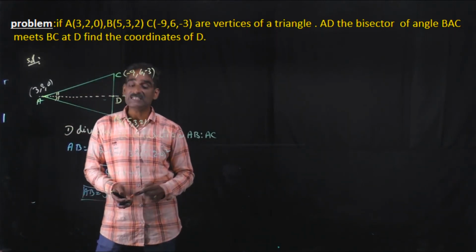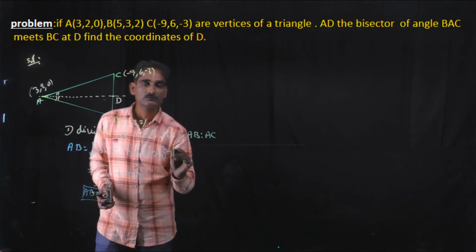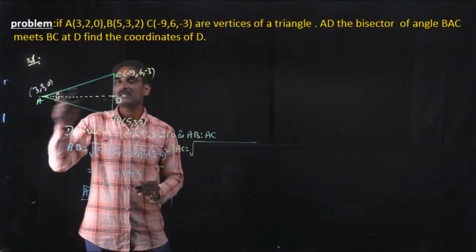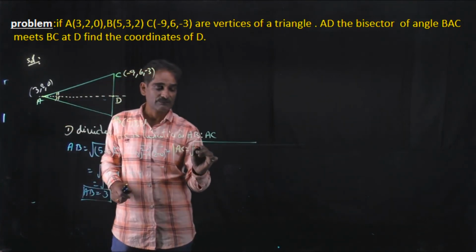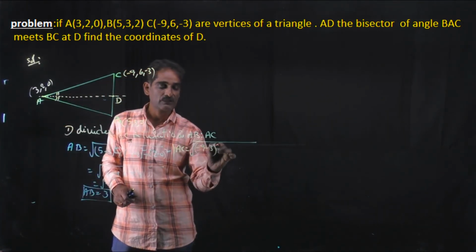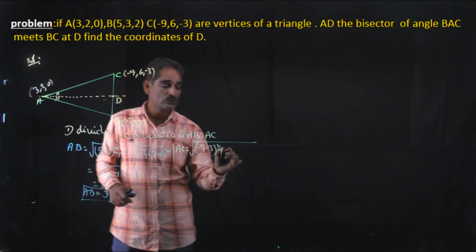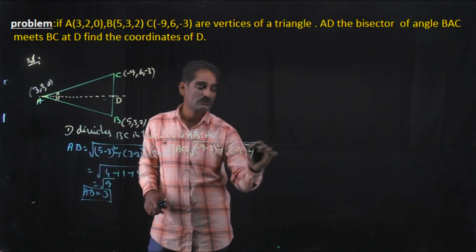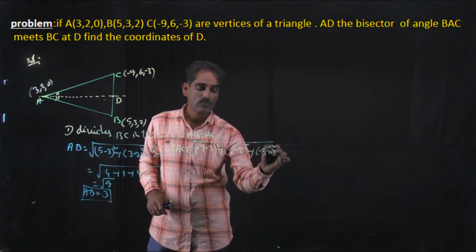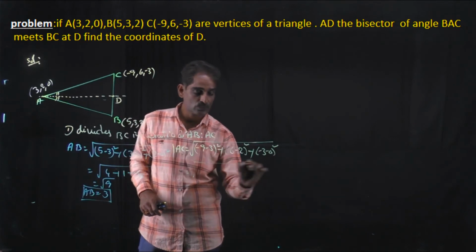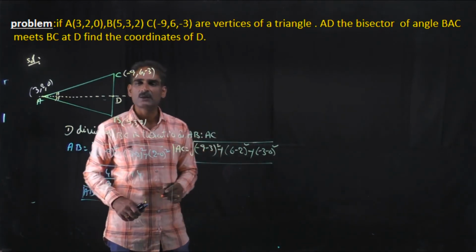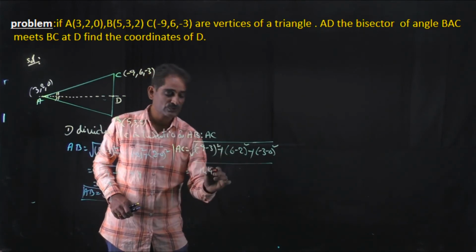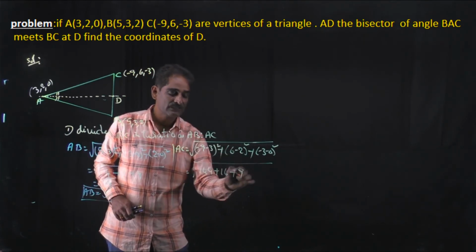Similarly, find out AC length also. The length of AC is equal to square root of (minus 9 minus 3) whole square plus (6 minus 2) whole square plus (minus 3 minus 0) whole square. This is equal to 12 whole square, 144, 4 square 16, and 9.